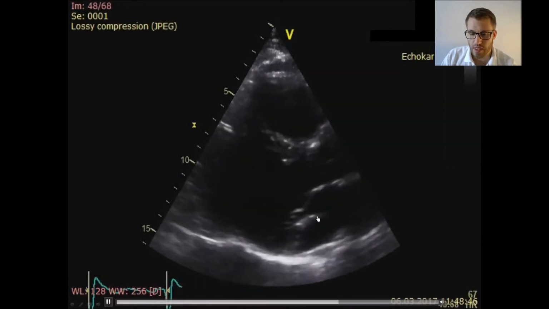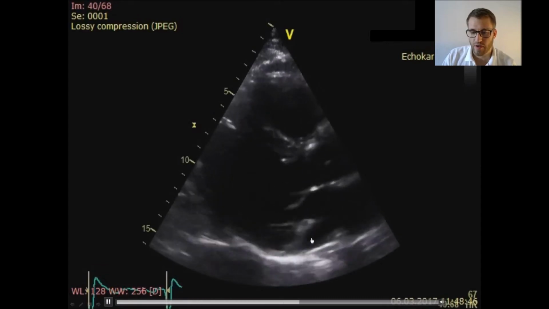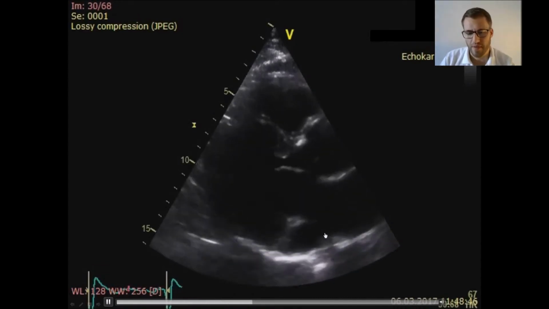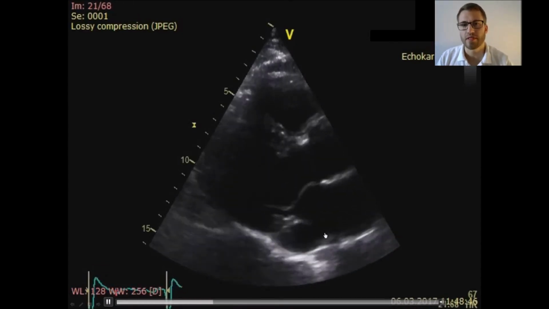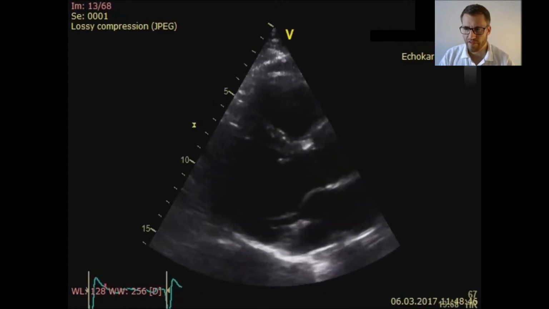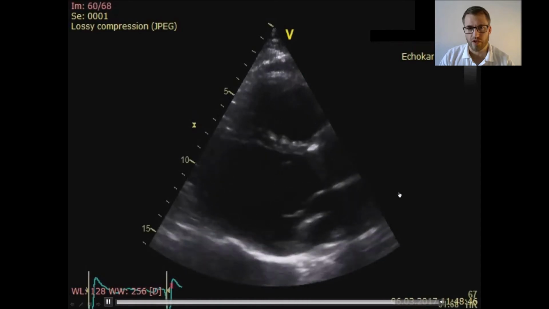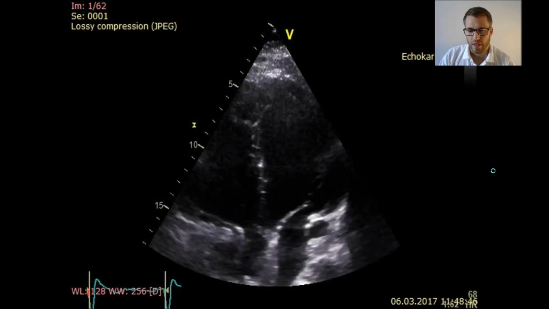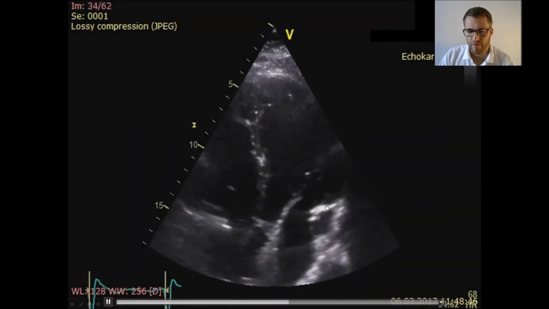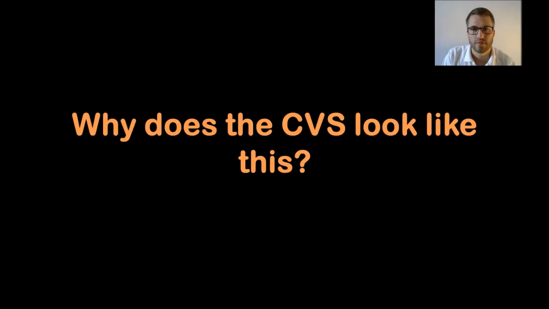So this here is the coronary sinus, but doesn't it look too prominent? Normally we don't have this structure so big in the left atrium, do we? Very prominent here. So why does the coronary venous sinus look like this?